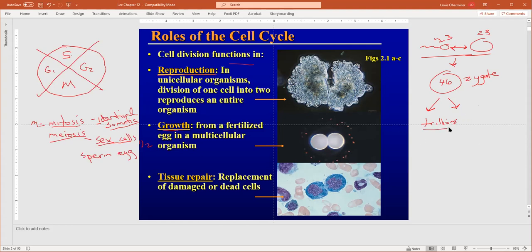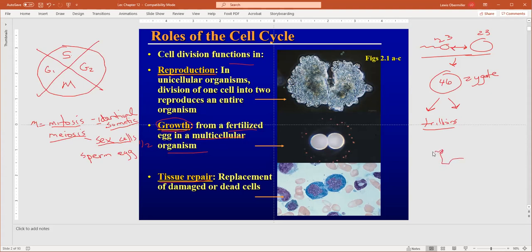So you have to go through hundreds of thousands of cell divisions to get trillions of cells that make you what you are. And so that is what we consider growth, right? You came from a fertilized egg to a multicellular organism. And then you also need cell division to make new cells if you get a cut. So let's say you got a cut on your arm. Here's your arm.